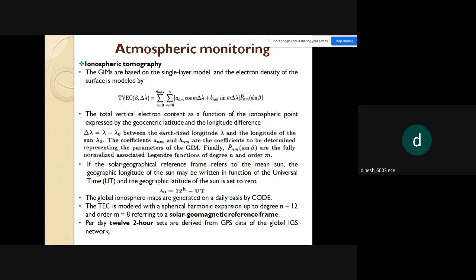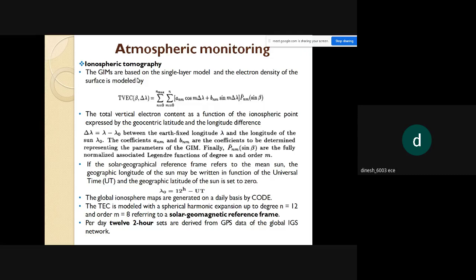So these GIMs, the global ionosphere maps, are based on a single layer model and the total electron density of the surface.